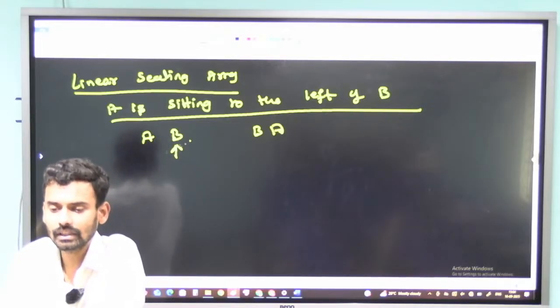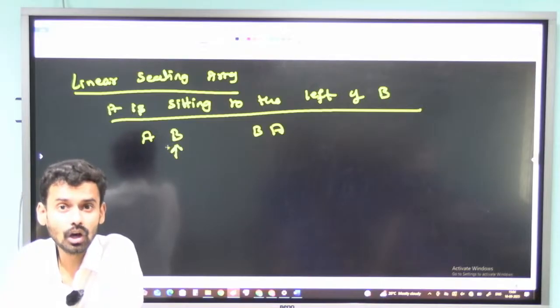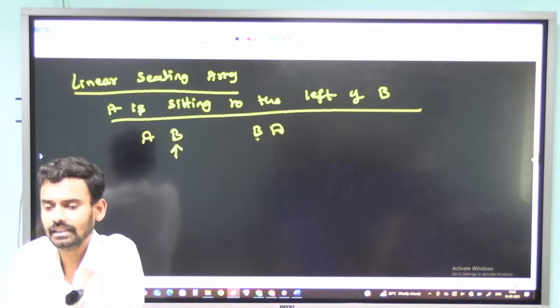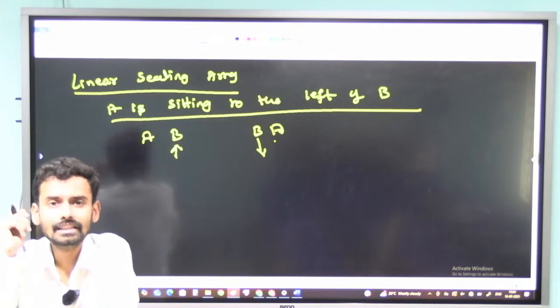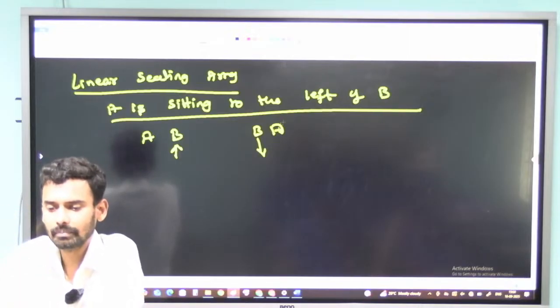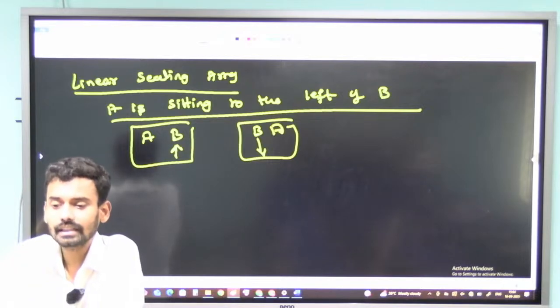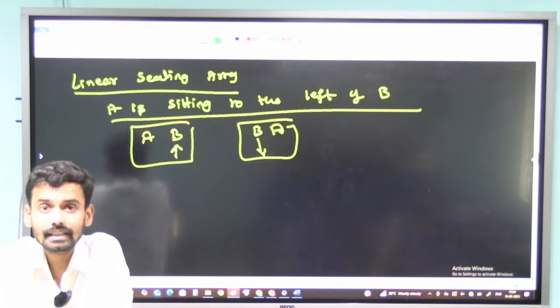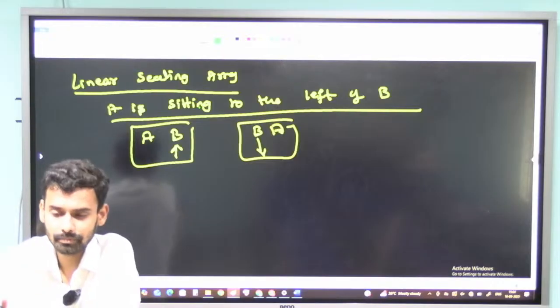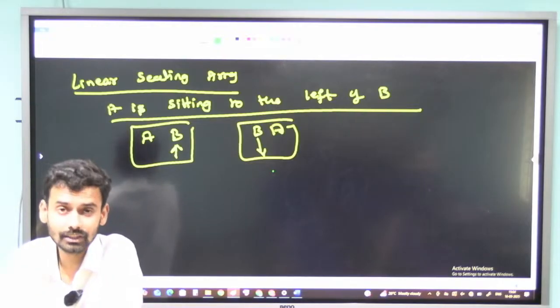A is sitting to the left of B if B is facing north direction, and A is sitting to the left of B when B is facing south direction, then it will be case 2. So both are correct, but the thing here is we need not assume that A is sitting immediately to the left of B. A need not be sitting to the immediate left.